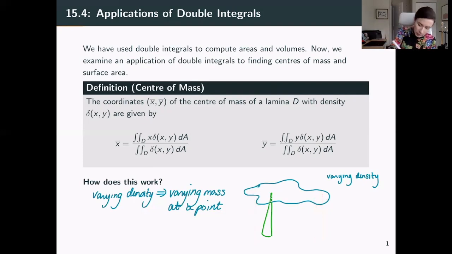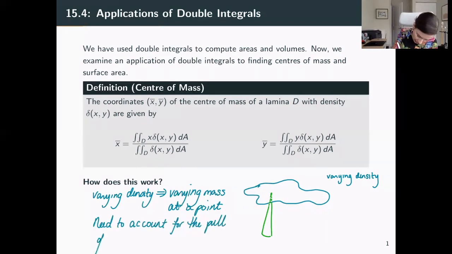And so what we have to account for is the pull of gravity. In this case, there's going to be more of a pull on this side because the mass over on this side would be larger as opposed to this side over here.